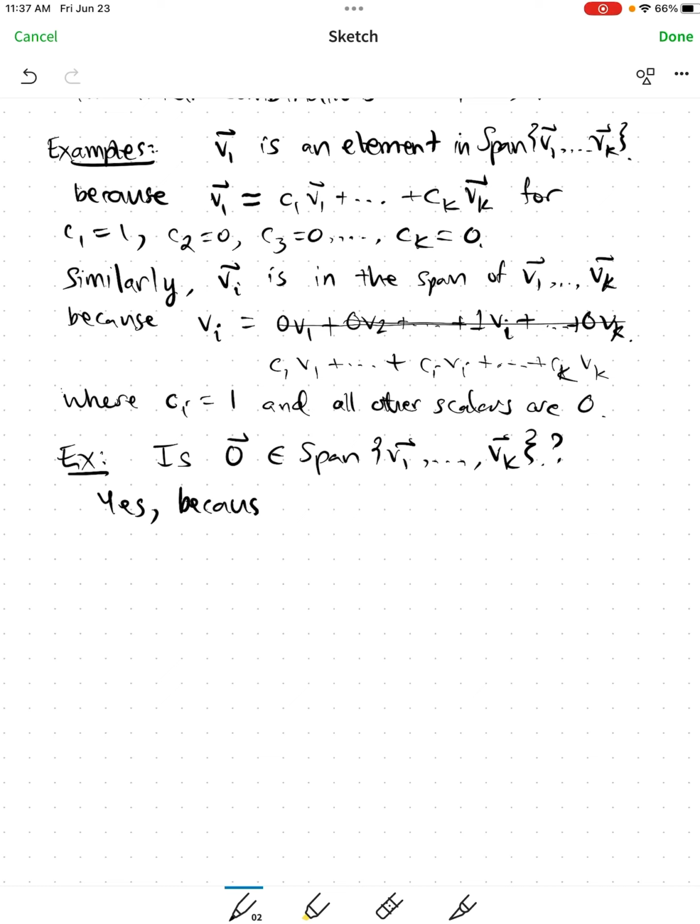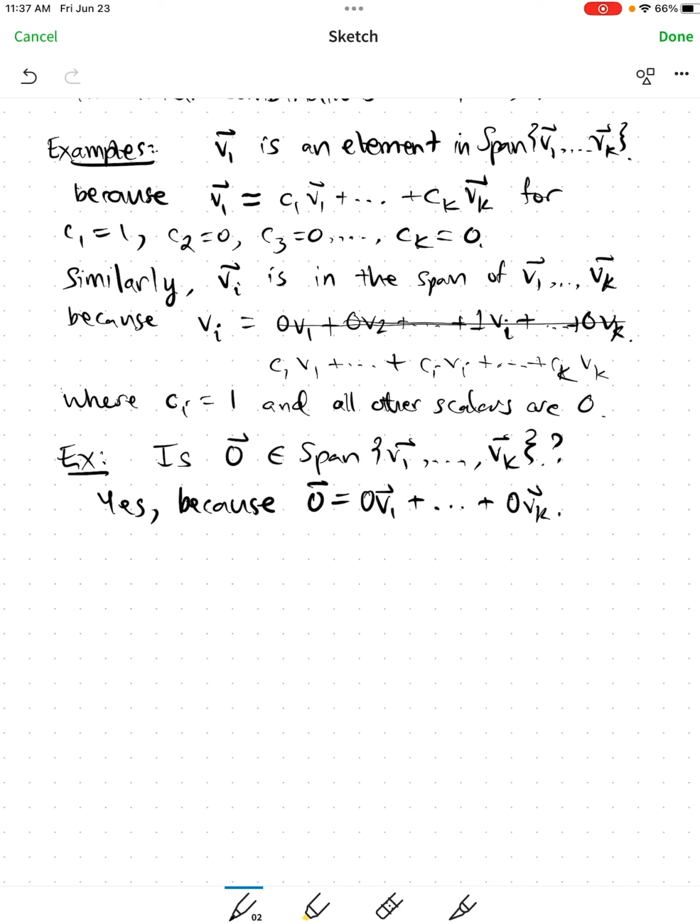Because how do we justify that it is in the span? You have to write the 0 vector as a linear combination of V1 through Vk. And what constants can you use? You can make all the constants equal to 0, because the 0 vector is equal to 0 V1 plus dot dot dot plus 0 Vk.